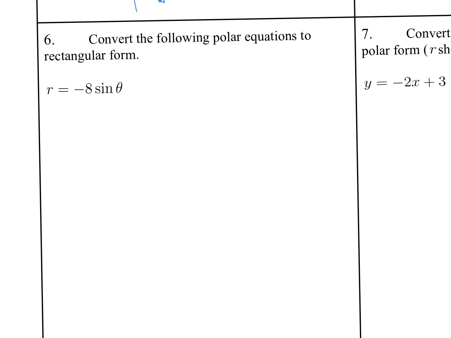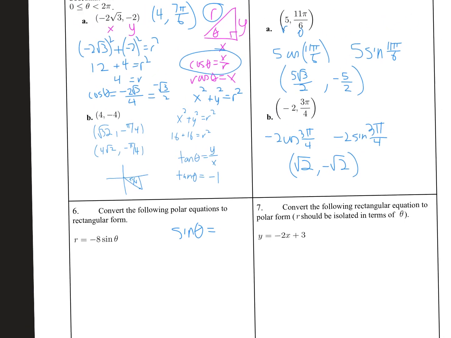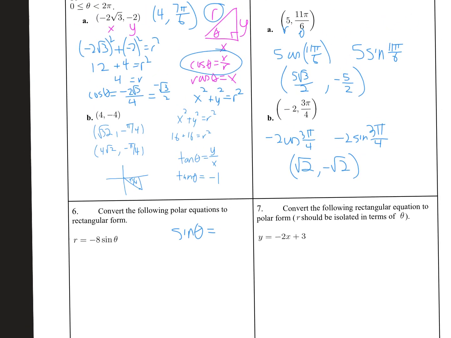Convert polar to rectangular. Well, I mean, we just talked about sine theta. If we look back at our picture, sine theta was y over r.